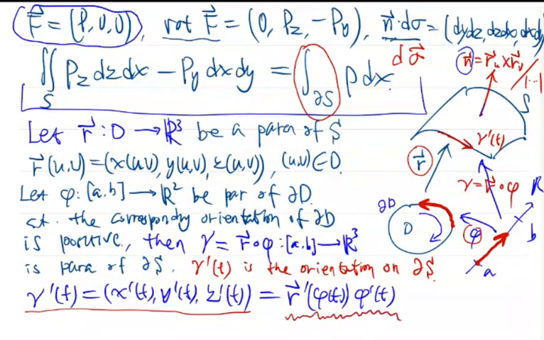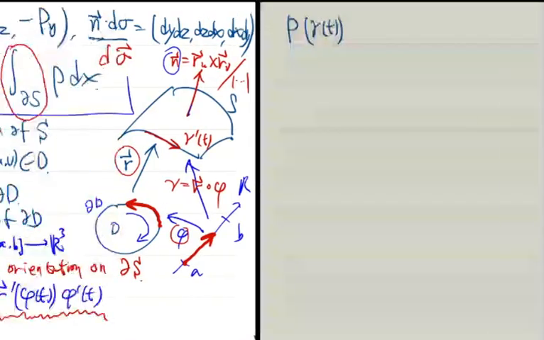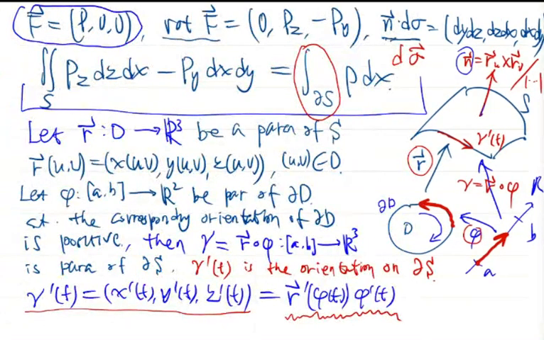Okay. And also P(gamma(T)). P is a function defined on the surface.